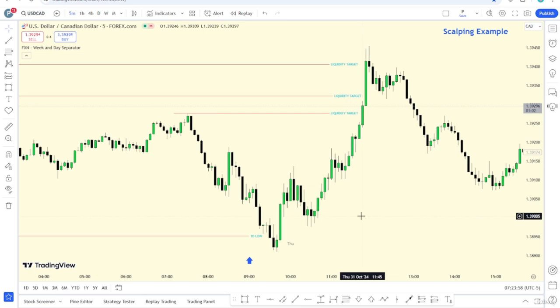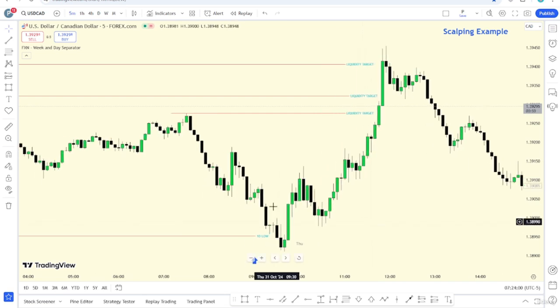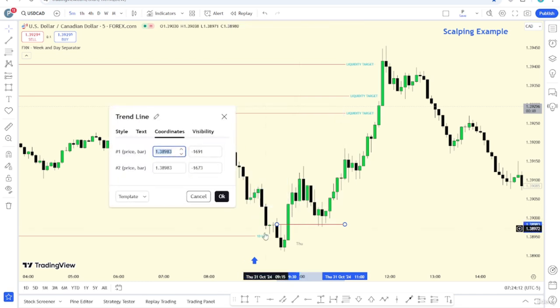This is the 5 minutes chart, and you can see once we took out that daily low, we had confirmation of an order block. This last down close candle before the up move is our order block. The high of that candle is 1.38983.